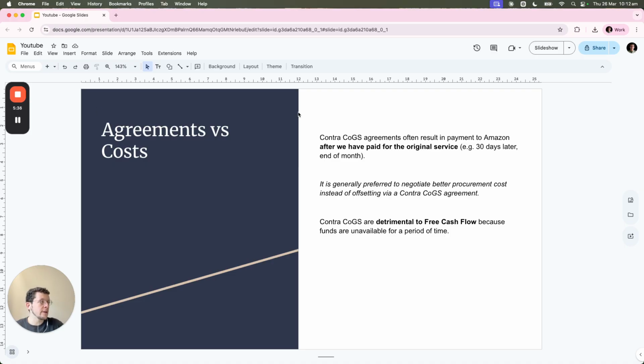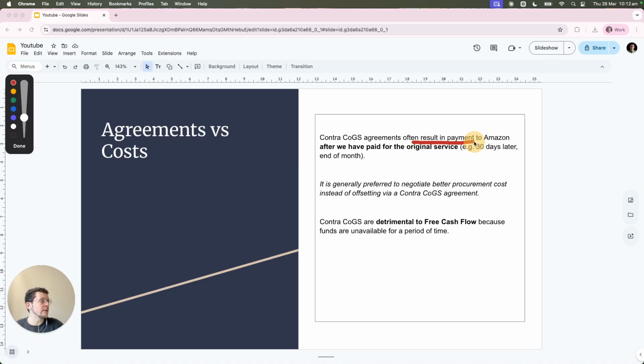So basically, the contra COGS agreements result in payments to Amazon after they have paid for the original service. For example, if you've got an agreement for a $1 rebate for one of your products, you invoice $10 per unit.